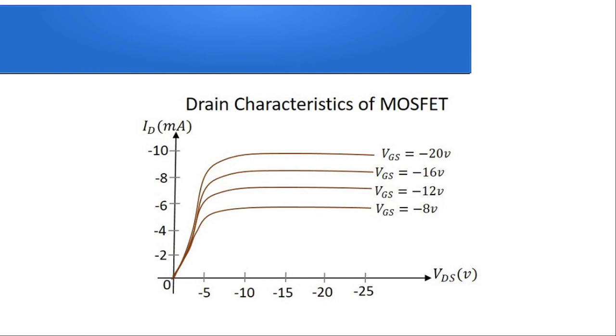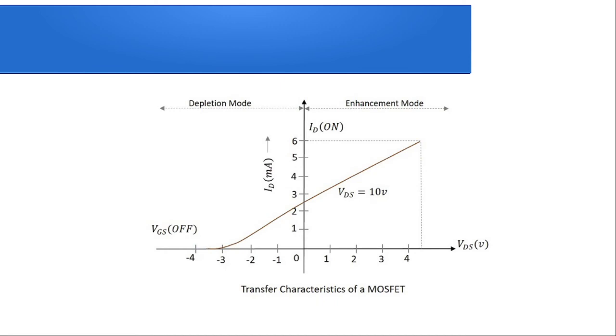Another characteristic of interest would be the transfer characteristics. The transfer characteristics define the change in the value of VDS with the change in ID and VGS in both depletion and enhancement mode. The figure shows the transfer characteristics of drain current versus gate to source voltage.